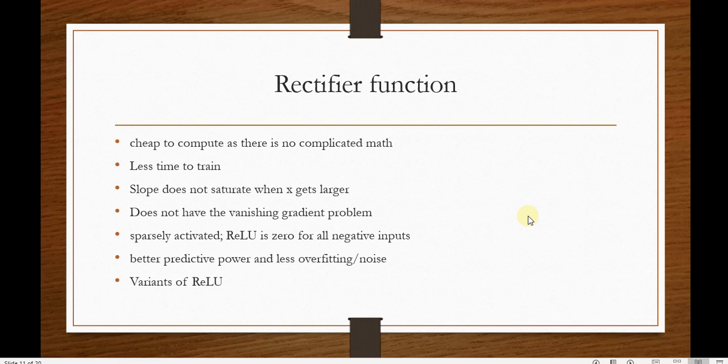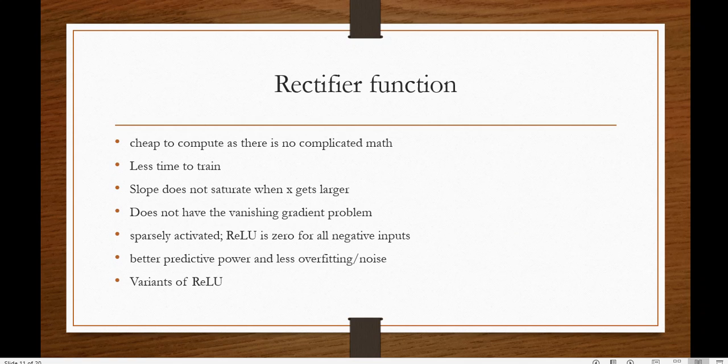Okay. It does not have the vanishing gradient problem. Of course, on the positive side, there is no vanishing gradient, right? So, whenever you make some change in the positive direction for x, you get a change in the y value. Sparsely activated: ReLU is 0 for all negative inputs.